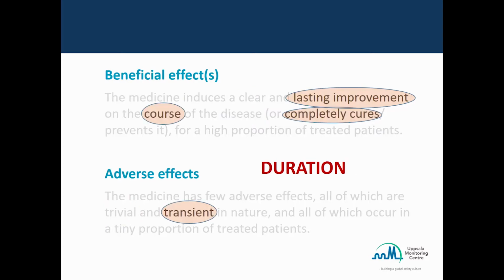The third and final property, or dimension as we call it as well, is duration. And obviously for a beneficial effect, we want it to last for as long as possible, ideally indefinitely, as would be the case, for example, with a complete cure. And for the adverse effects, again, it's the opposite that we're looking for.